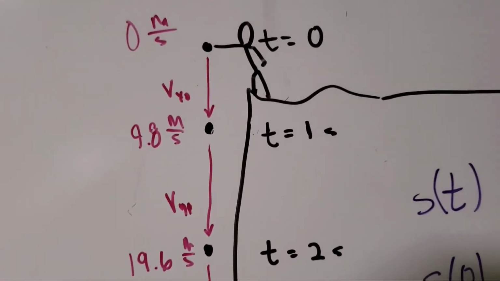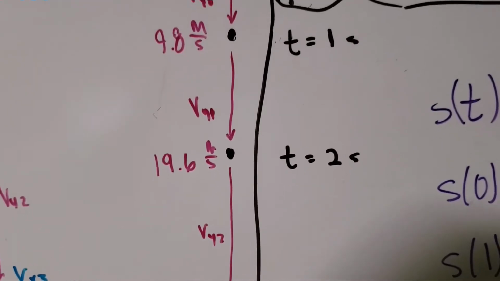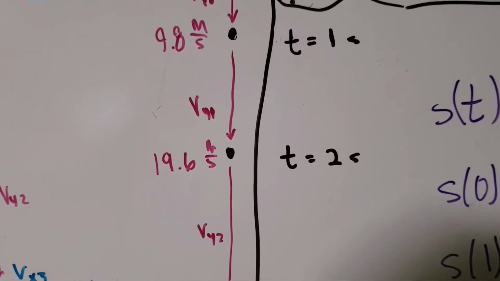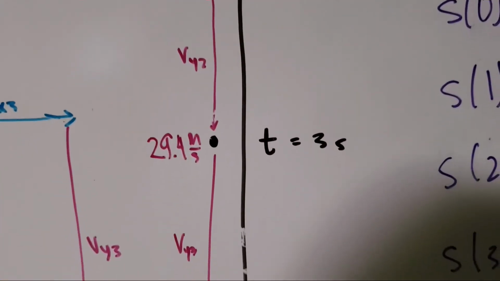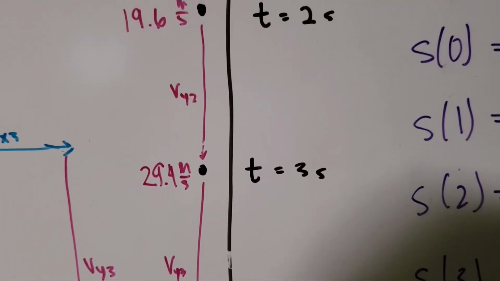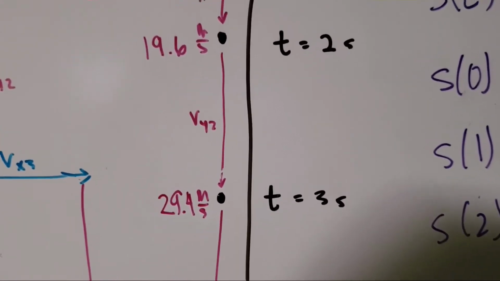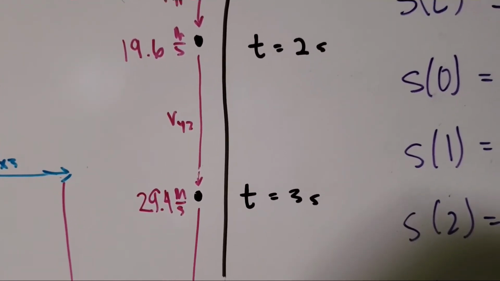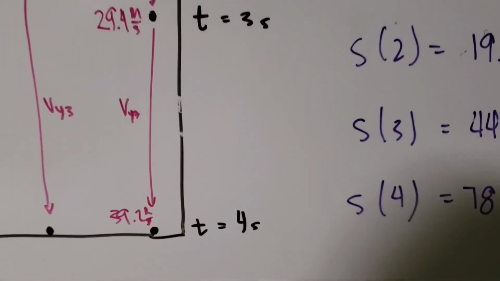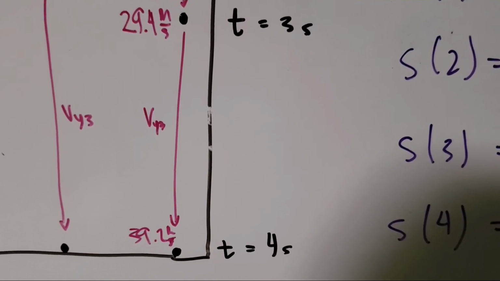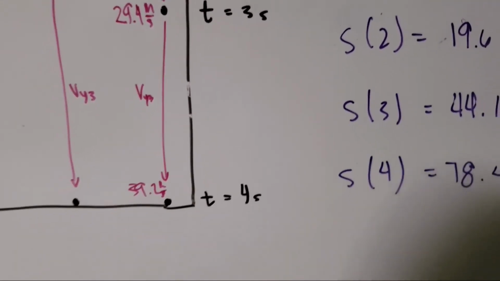So after 2 seconds, we double that number and it's going 19.6 meters per second. After 3 seconds, 29.4 meters per second. I'm just adding 9.8 meters per second every second that passes. And if we continue this pattern, we end up at the bottom with 39.2 meters per second at t equals 4 seconds.